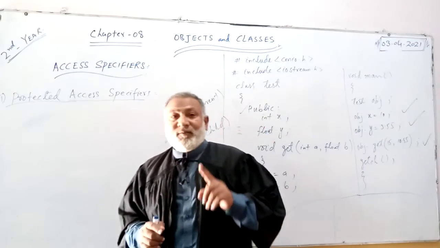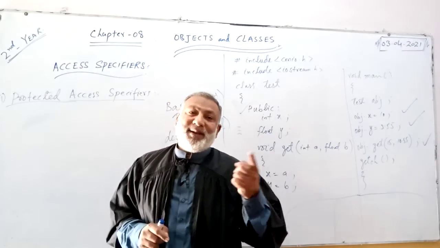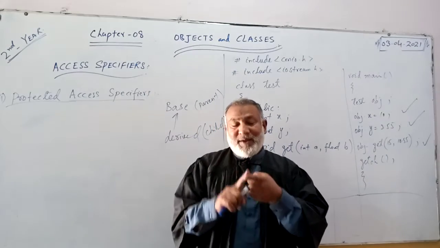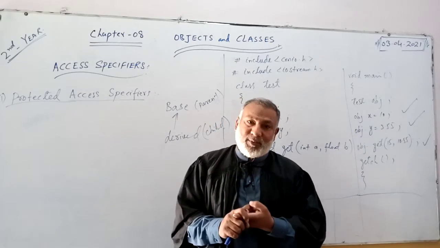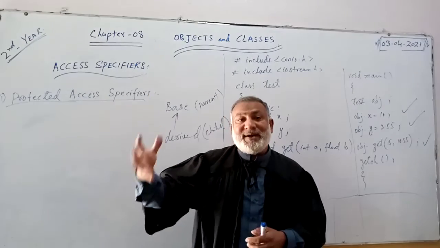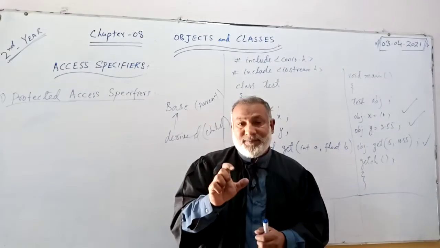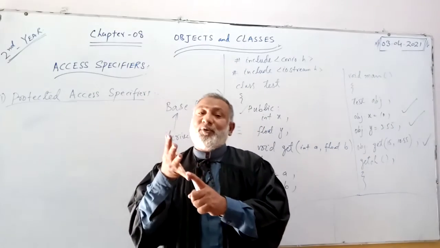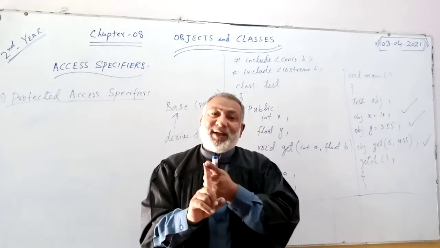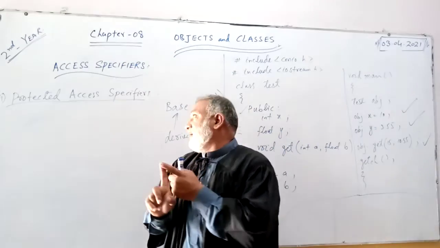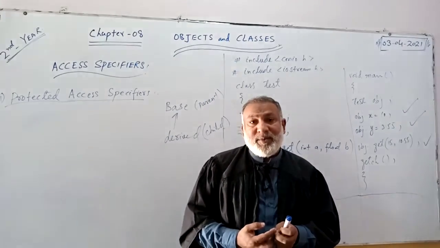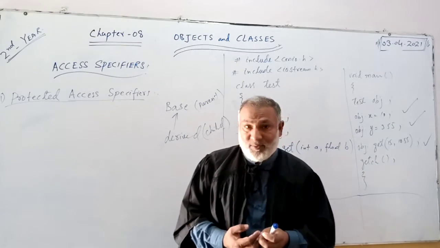Why? Because when you make it private, it cannot be accessed by the derived class. Now if the programmer wants to access the data inside the derived class only, wants it to be private for the main function and for anything else outside the class, but wants to access it inside the derived class, then you will use a specially designed access specifier for inheritance, and that is protected. What is protected?